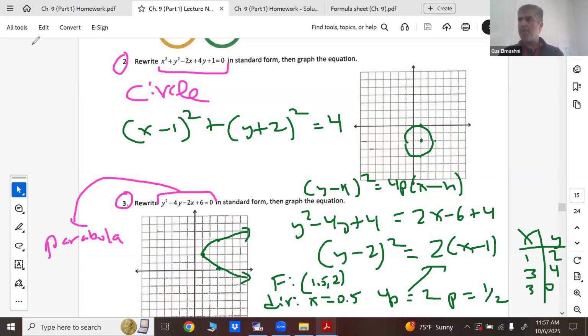So you can simmer on this a little bit. I just got a little more ambitious. I wanted to find the important characteristics like the focus and the directrix, because they're part of the formula.